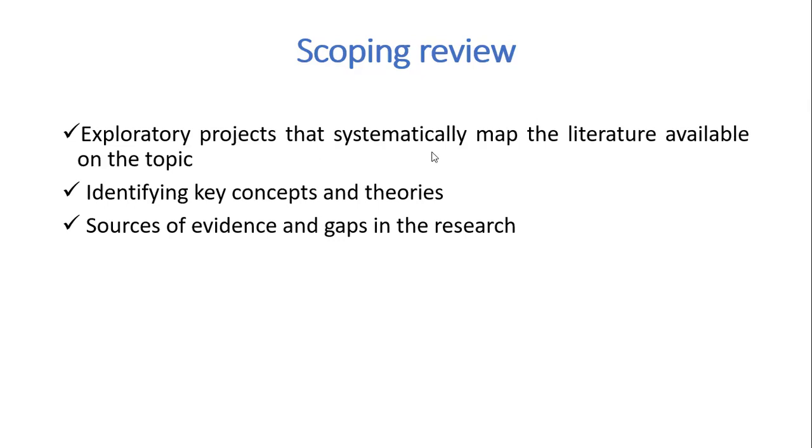That's why there is the word systematically, but you are doing the mapping of the literature available on a particular topic. That makes it different from SLR as well. Identifying key concepts and theory, sources of evidence, and gaps in the research. So if you want to see what the gap in the research is, in that case scoping review is useful.